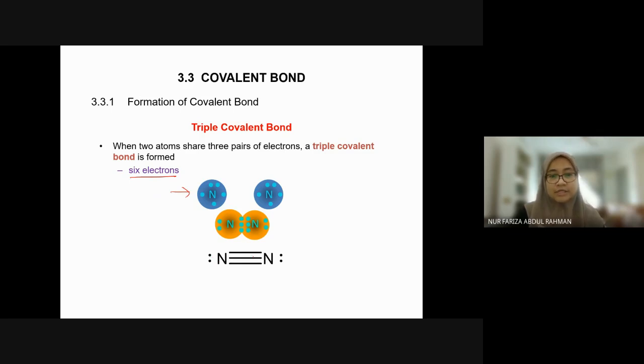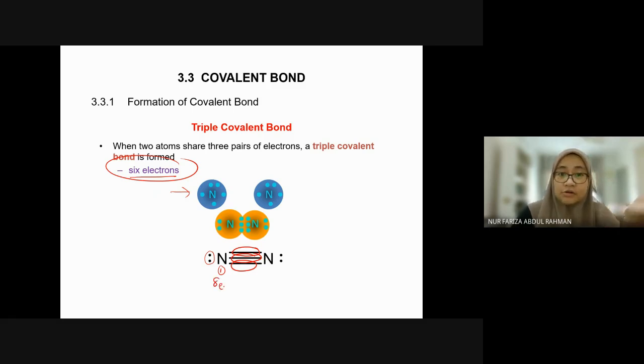Try counting when they share 3 electrons each, there are 3 pairs. Each one shares 3 electrons, so 6 electrons are involved. So for this nitrogen, the first nitrogen, it has 2, 4, 6, 8 electrons. So it has 8 electrons.